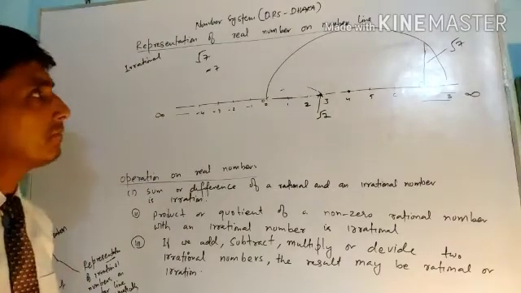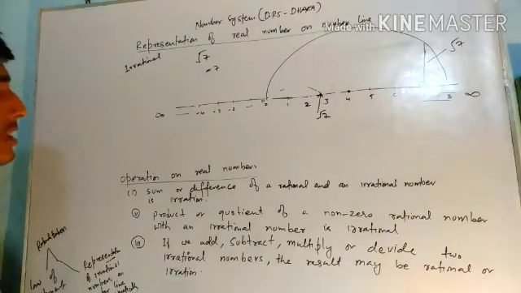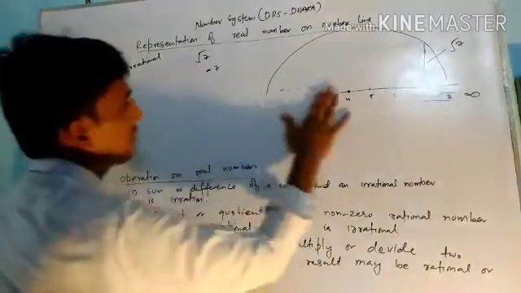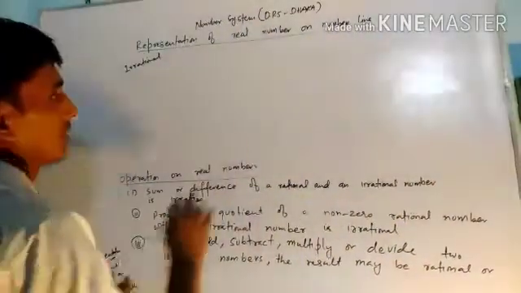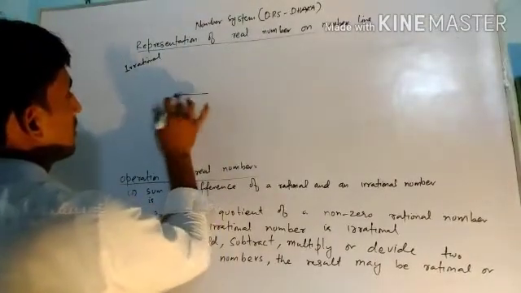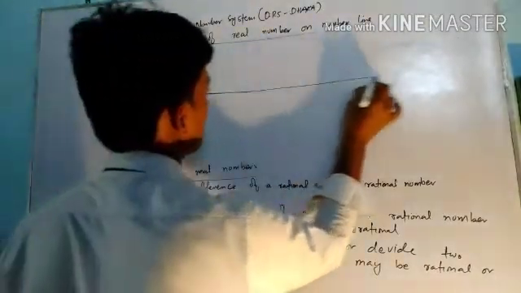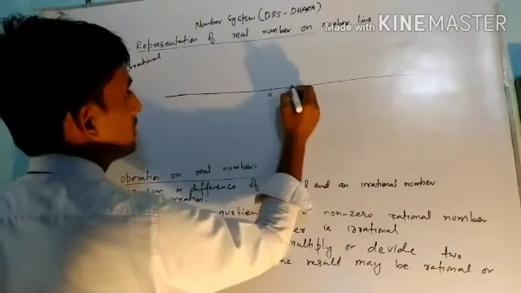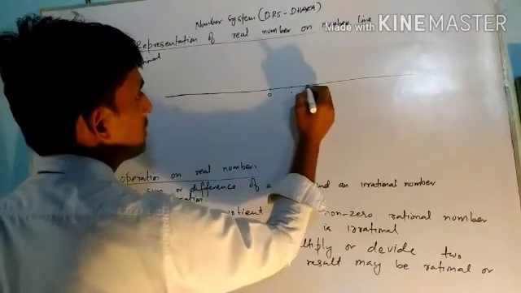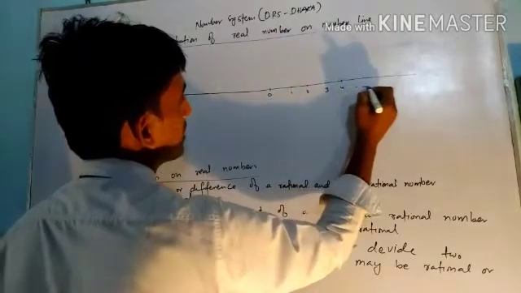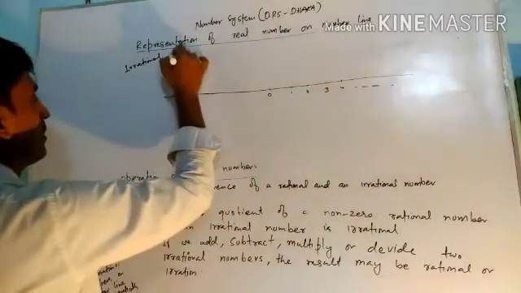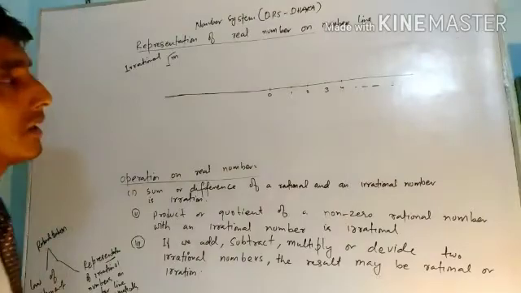How is this coming? Actually, I will show how this is coming. Suppose this is a number line. This is 0, 1, 2, 3, 4 and so on. And you have to represent root under m on a number line.